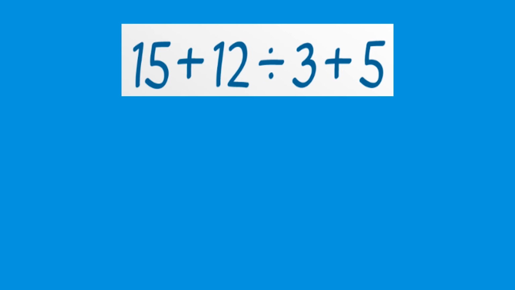If I went from left to right and I added, I would add 15 plus 12, and 15 plus 12 is 27. If I divide by 3, 27 divided by 3 is 9. And 9 plus 5 is 14.